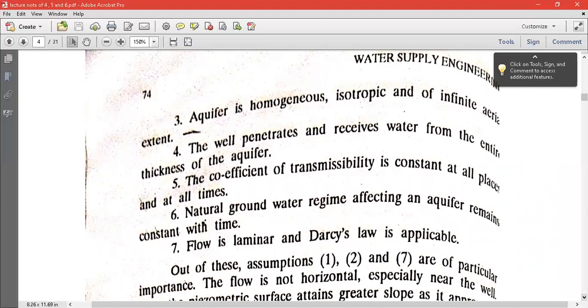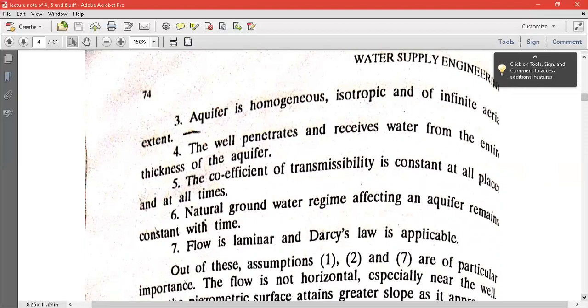You must have seen when I showed the figure that the well penetrates up to the impervious level, that is, the whole thickness of the water-bearing aquifer. So the penetrating part of the well receives water from the entire thickness of the aquifer. We have penetrated the well through the entire thickness, that's why it reaches the bottom of the impermeable stratum that we have seen.